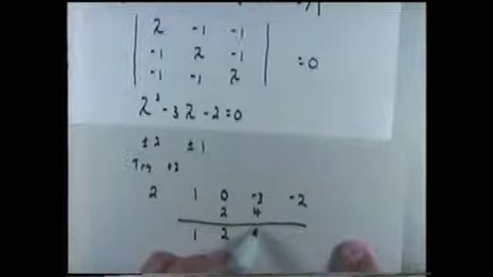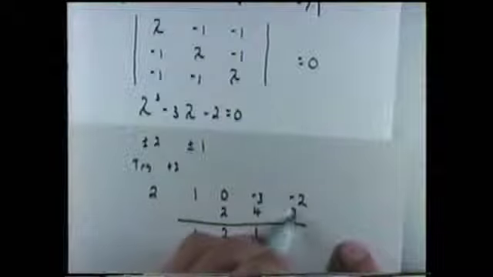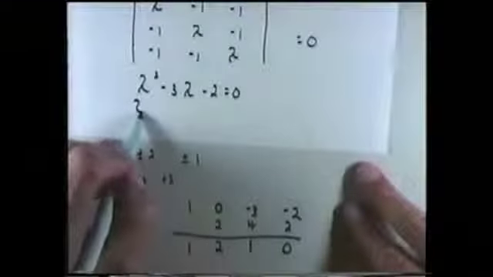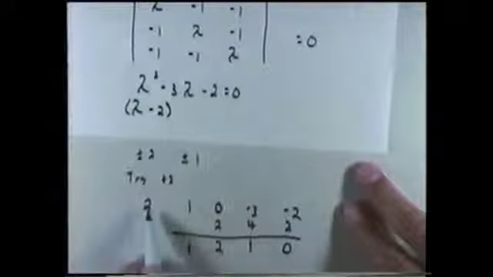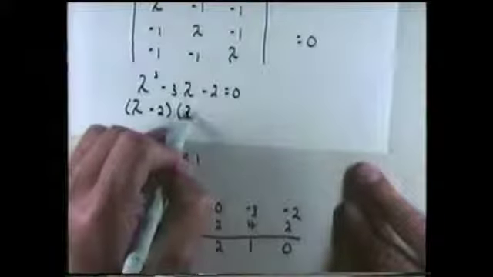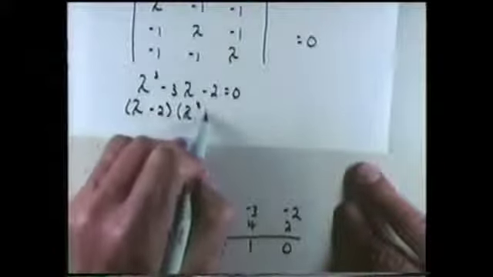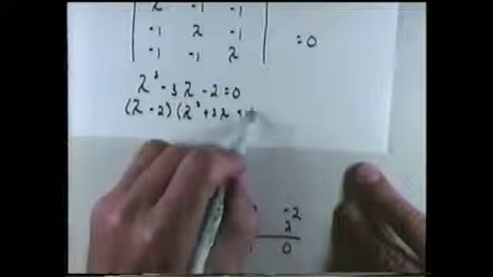Negative 3 plus 4 is 1. 0 remainder. So that means I have factored this into lambda minus 2, because if 2 is a root, then lambda minus 2 is a factor, times lambda squared plus 2 lambda plus 1.